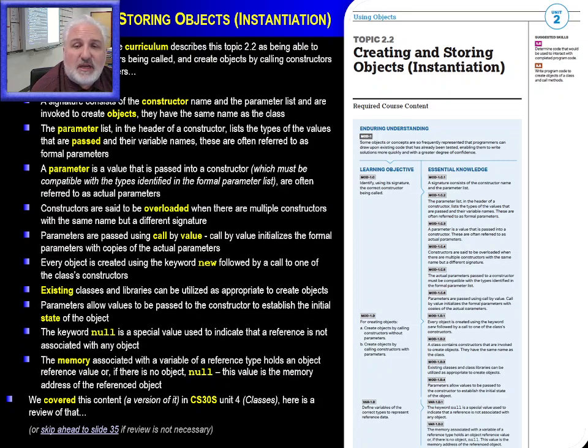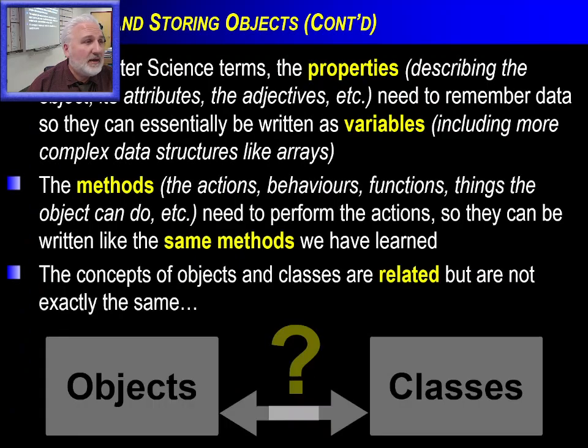And the memory associated with a variable of reference type, in other words, an object level or class level variable, holds an object reference value, or if there is no object, the value null. The value is the memory address of that referenced object. So we covered this in Computer Science 30S for sure, so you'll see that coming up here.